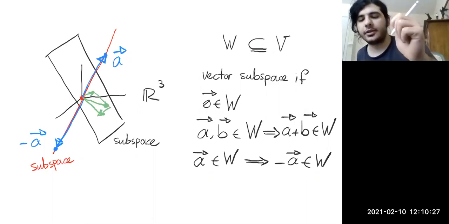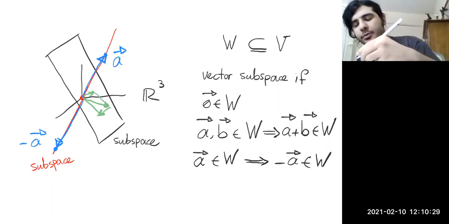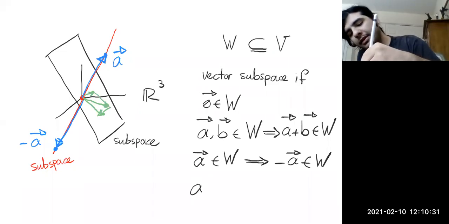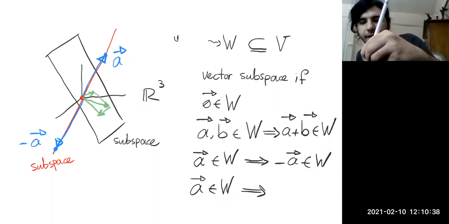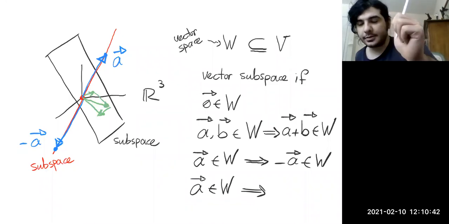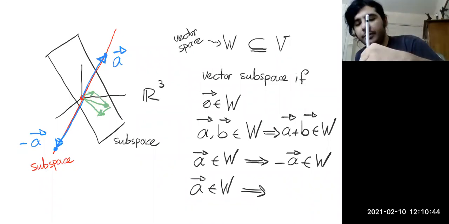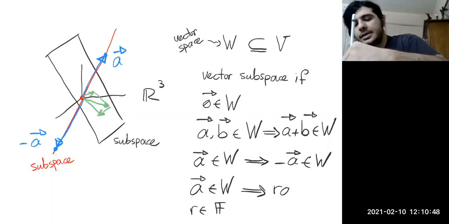Actually, something which I have not written here, maybe I should write more explicitly. I mentioned that V itself should be a vector space. So if any A is inside this space, then for any element R in the field, R times this vector should also be here.